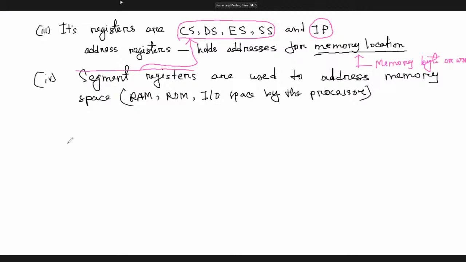Okay, now IP, another register, that is called the pointer register. So what is the task of IP?